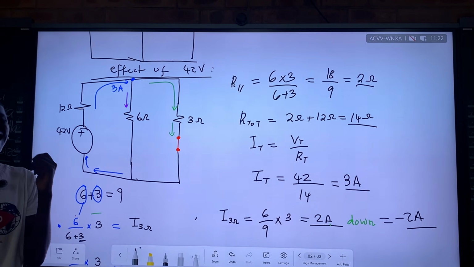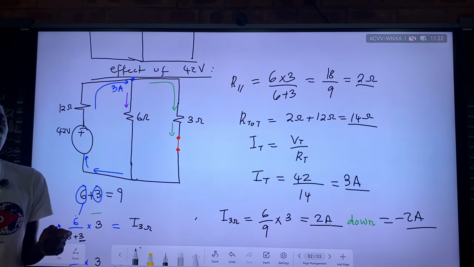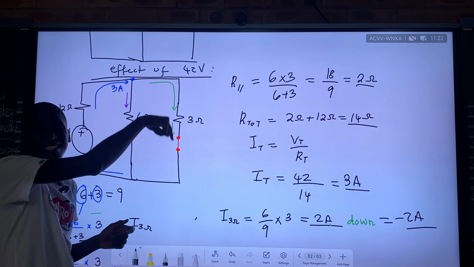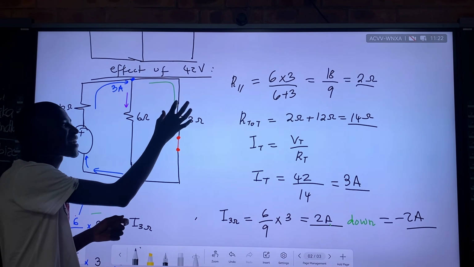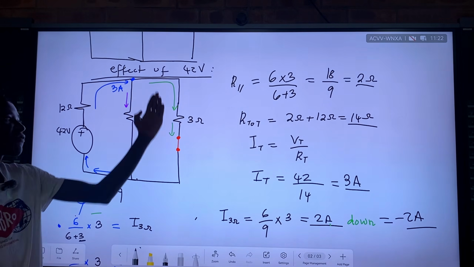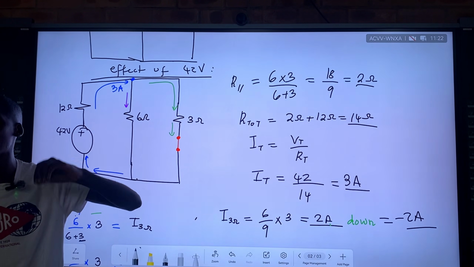It means the net current is actually flowing opposite to the current onayo. So njengoba lena if flow downwards, sithi na U2 is downwards is negative. It means the real current flowing through 3 ohms, considering the other power source, is flowing in the opposite direction. So that is what negative current means.